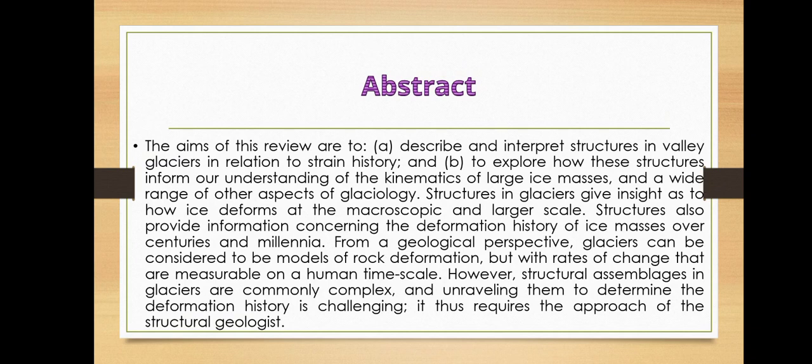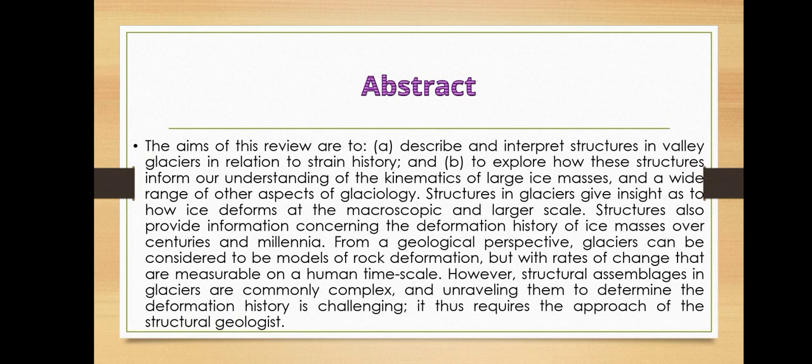Structures also provide information concerning the deformation history of ice masses over centuries and millennia. From a geological perspective, glaciers can be considered to be models of rock deformation, but with rates of change that are measurable on a human time scale.